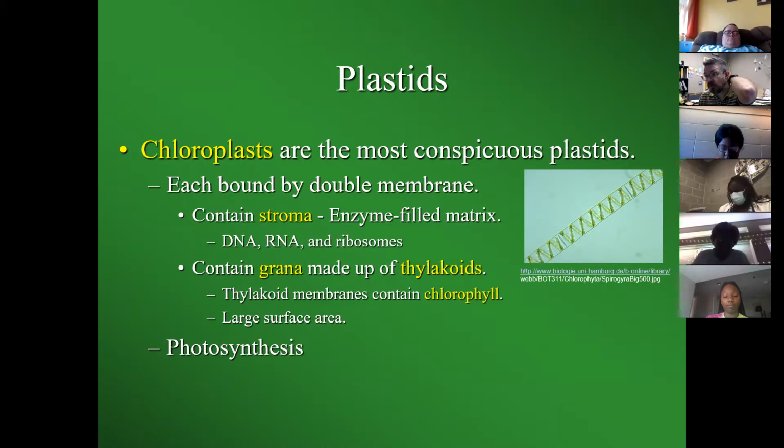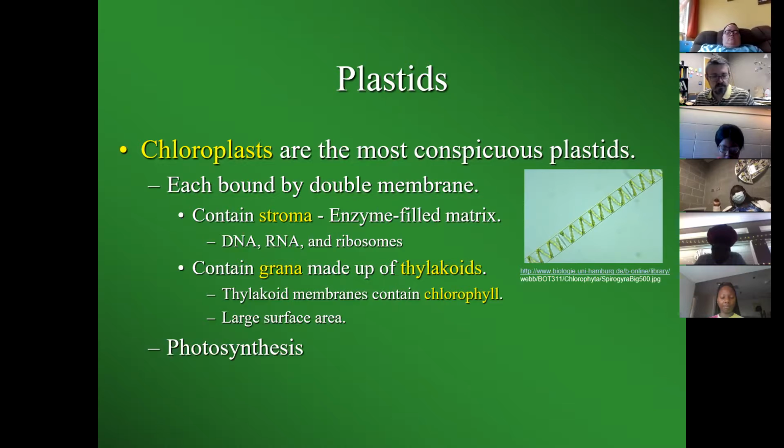There's a lot more chlorophyll in that thylakoid, and the more thylakoid surface area you've got, the more chlorophyll you've got, the more light that can be absorbed, and the more light you can have absorbed, you can do the first parts of photosynthesis, which will then allow you to do more in the stroma and create sugars, and then bam, you've got more food. So the more surface area, the more food in this case. So yeah, photosynthesis, that's what it's about, chloroplasts.